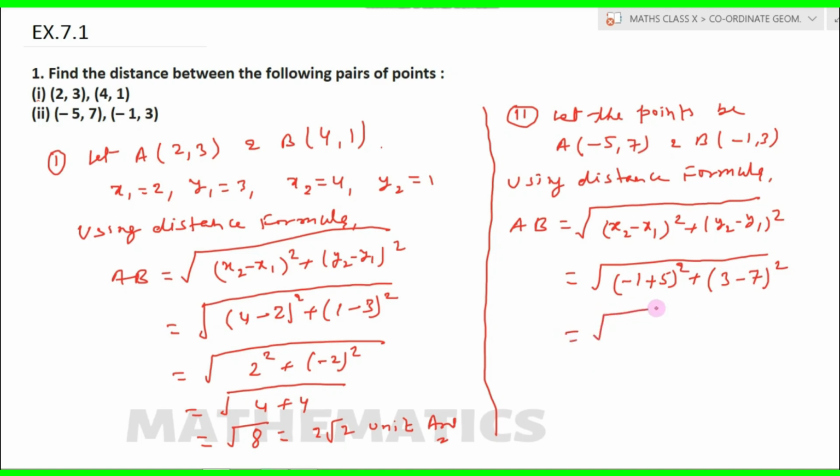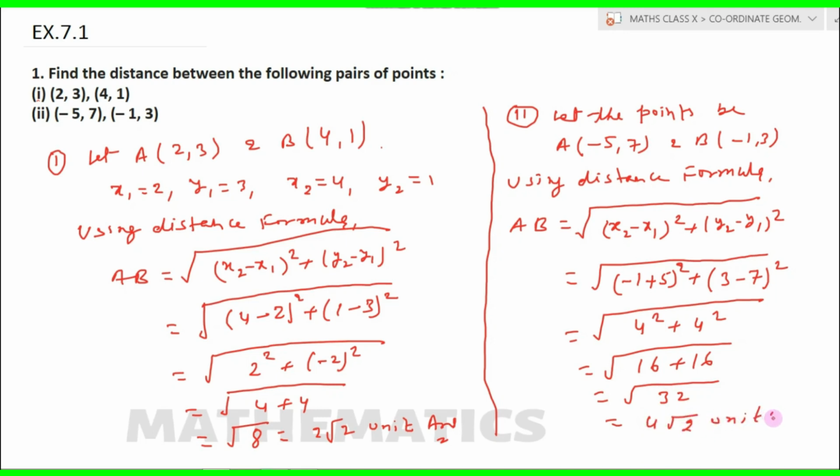Now simplify this. 5 minus 1 is 4, square, plus 7 minus 3 again is 4, square, so this will give you 16 plus 16, so 32, and 32 is 16 into 2, so 4 root 2. So here you will get 4 root 2 unit. This is the answer of the second part. Like this we use the distance formula to find the distance between any 2 points.